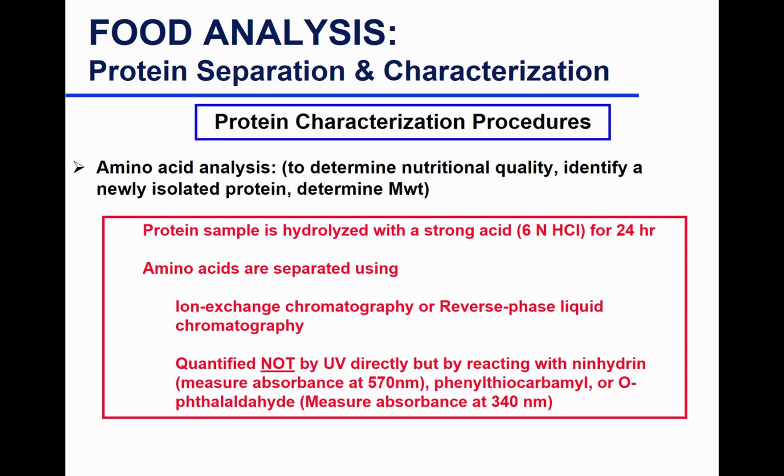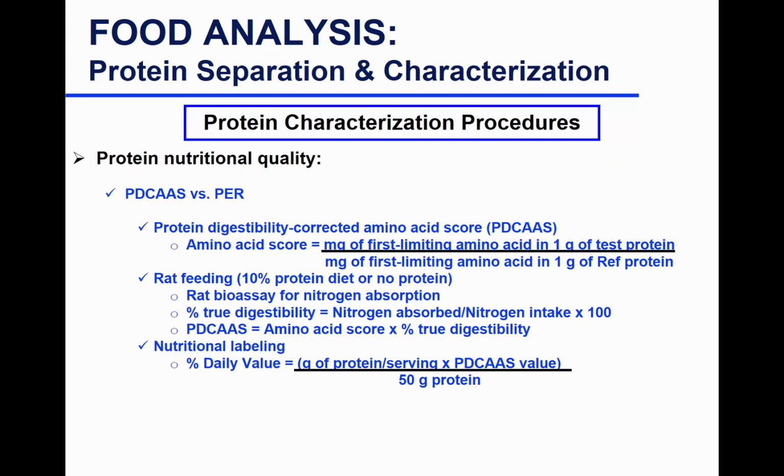Then you can determine the composition of amino acids in your protein, and from there you use it in your PDCAAS, protein digestibility corrected amino acid score. So you get the milligrams of the first limiting amino acid in your test protein and get the ratio of it compared to the reference protein. The reference protein is almost always casein.